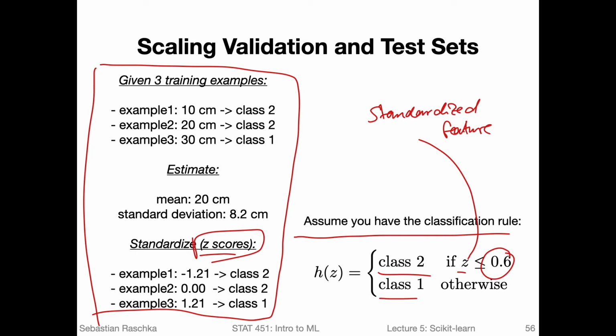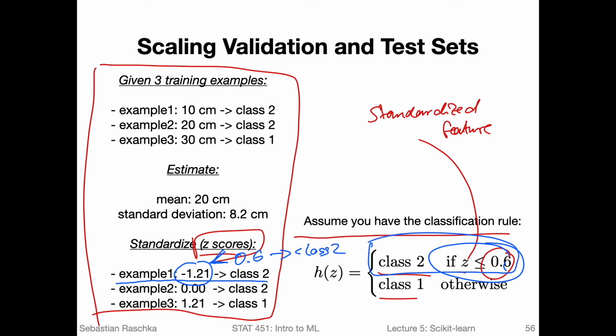Now let's apply the rule. So if we take this rule here and check train example 1, then this one would be correctly classified, right? Because this one is smaller than 0.6. So we assign class 2, just like here.